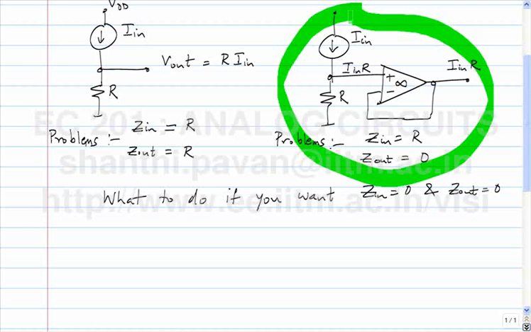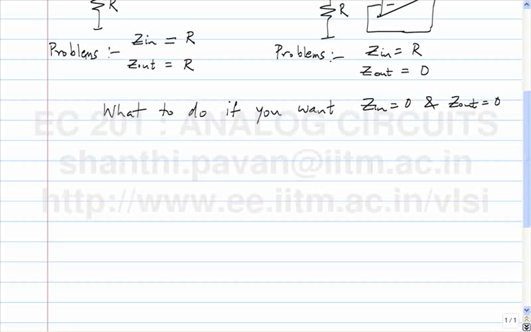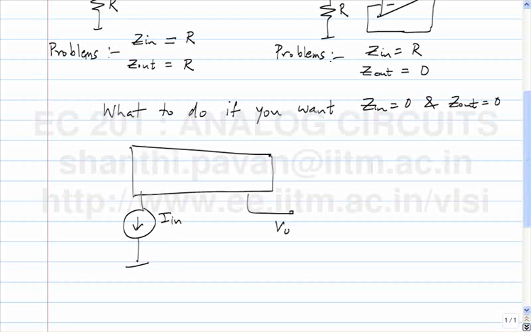What do you think, if the input impedance of this black box that you are trying to build has to be 0, as it should be for an ideal current controlled voltage source, where do you think that current should flow into? If you have a current source like this, and this is your voltage V out, if you want the impedance looking in here to be 0, where must the current flow?